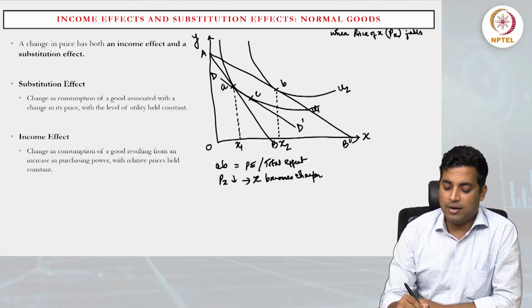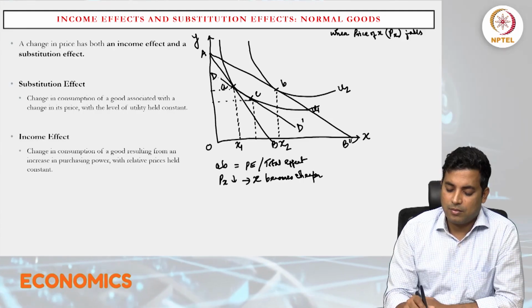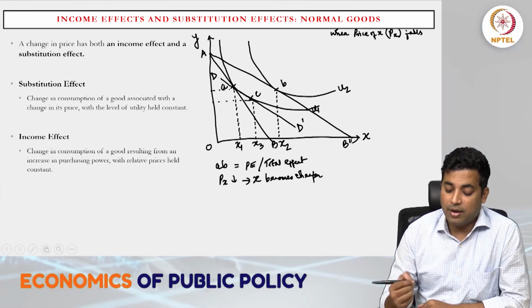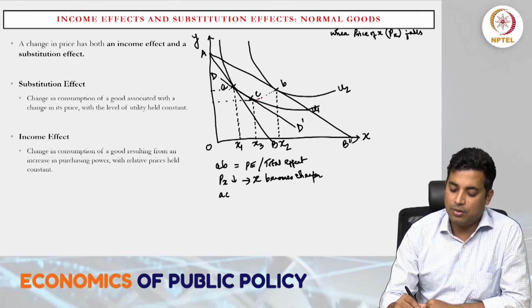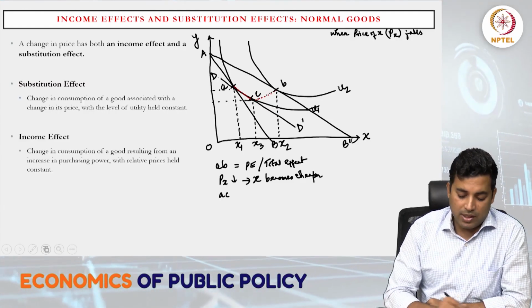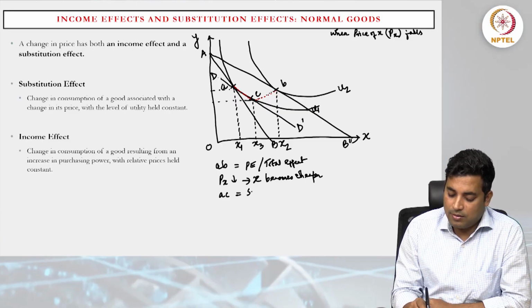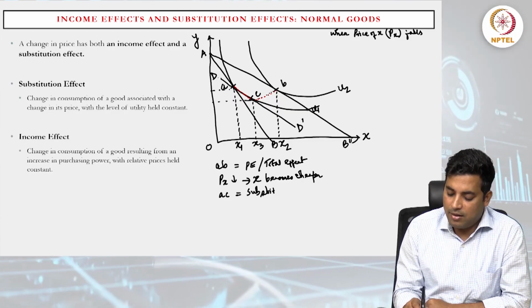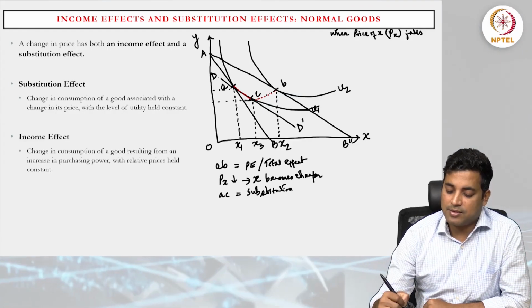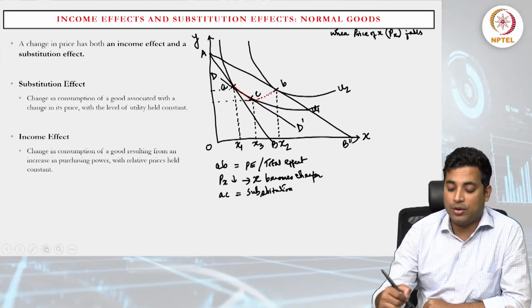C, and here you can see x3. So here there are two movements: C to B, and the other is A to C. A to C is the substitution effect. Why? Because we are on the same utility curve, the initial utility curve U1, and A and C are both on the same indifference curve.